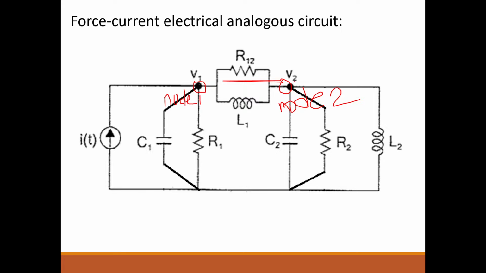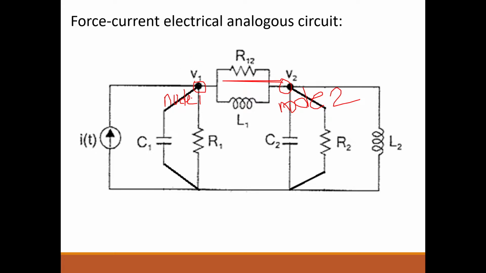In between mass 1 and mass 2, B12 and K1 are connected. B12 can be replaced by 1 by R12, and K1 can be replaced by 1 by L1. Since resistor and inductor are represented by 1 by terms, they should be connected in parallel. So R12 and L1 are connected in parallel between node 1 and node 2.